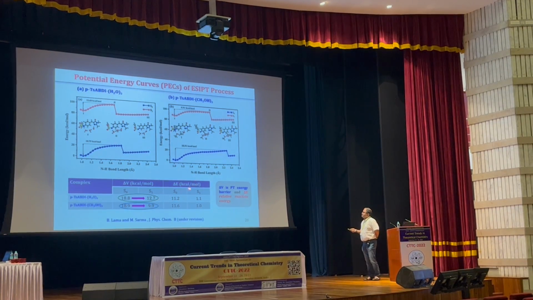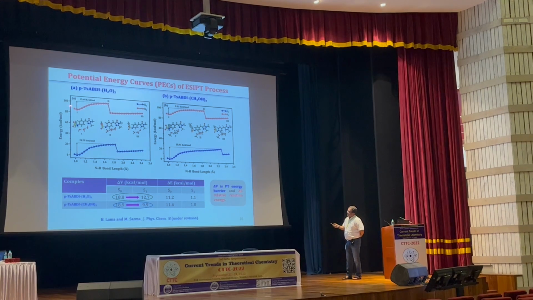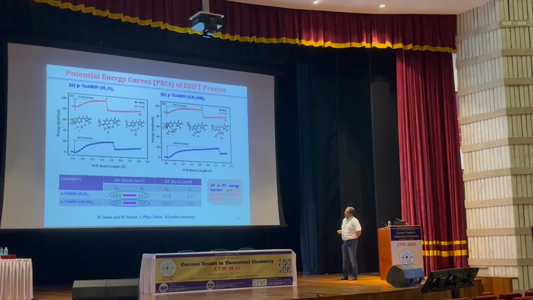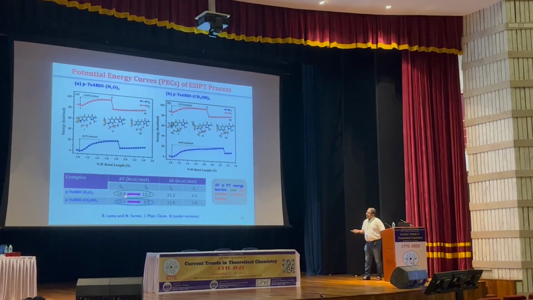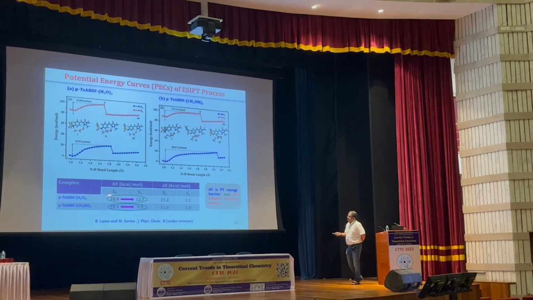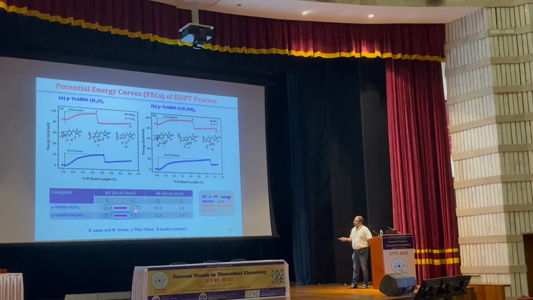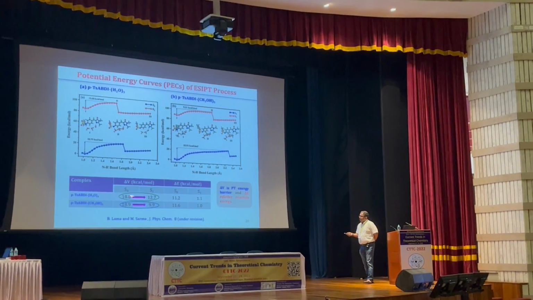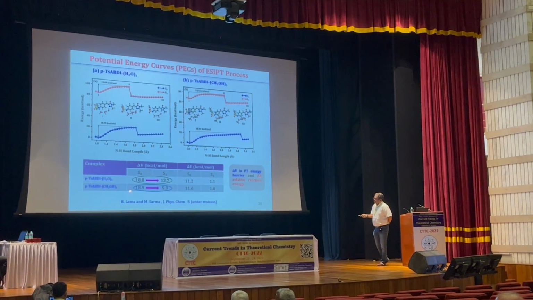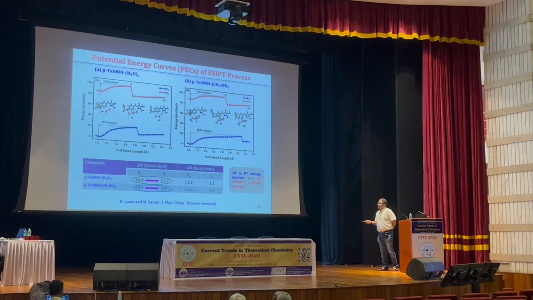And delta E is the relative reaction energy, meaning the difference between the reactant minimum and the product minimum. What you can see is that the barrier from the ground state to the excited state decreases from 18.8 kcal to 12.7 kcal for the water complex, and for the methanol complex it decreases from 18.9 to 9.9.